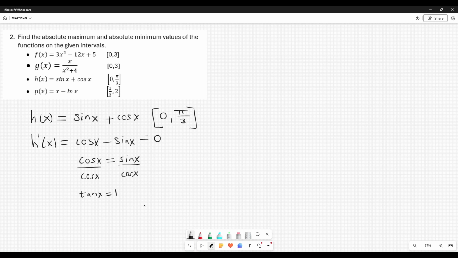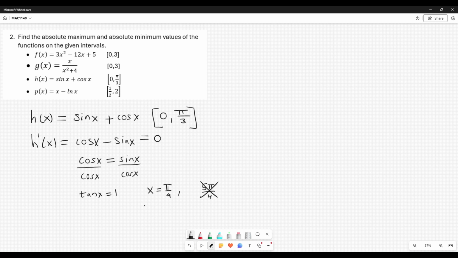It's obvious that tangent is 1, and in the first quadrant is x equal pi over 4, and also we have another value that is 5 pi over 4. But this is out of the game.